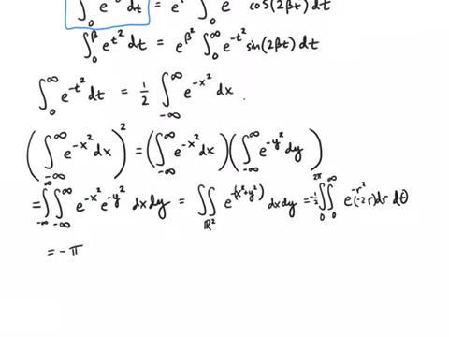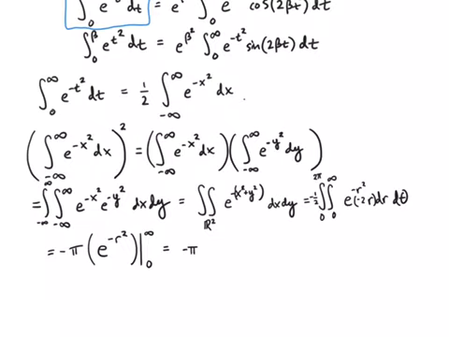My antiderivative of e to the minus r squared times negative 2r is just e to the minus r squared, and I'm evaluating that from 0 to infinity.